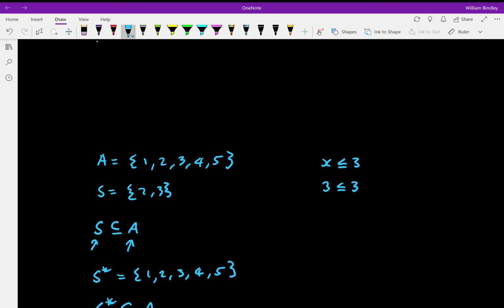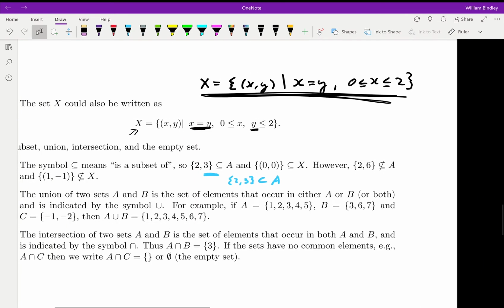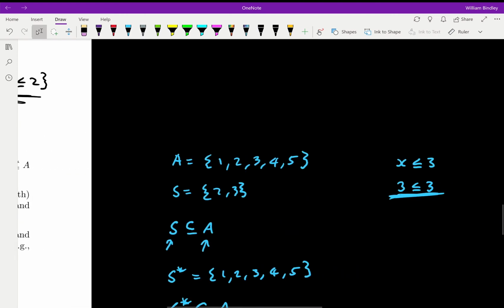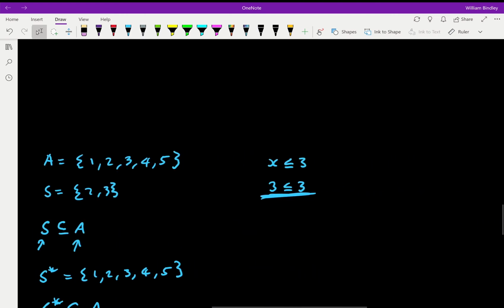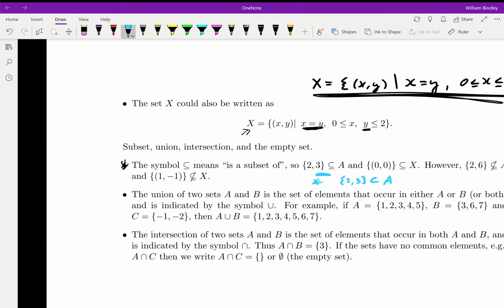And in the case that x equals 3, we've satisfied one of those conditions. And when x is not equal to 3 but it's something less than 3, it's still true to say 2 is less than or equal to 3. So that's kind of like what's going on here. This is correct, and this is correct.